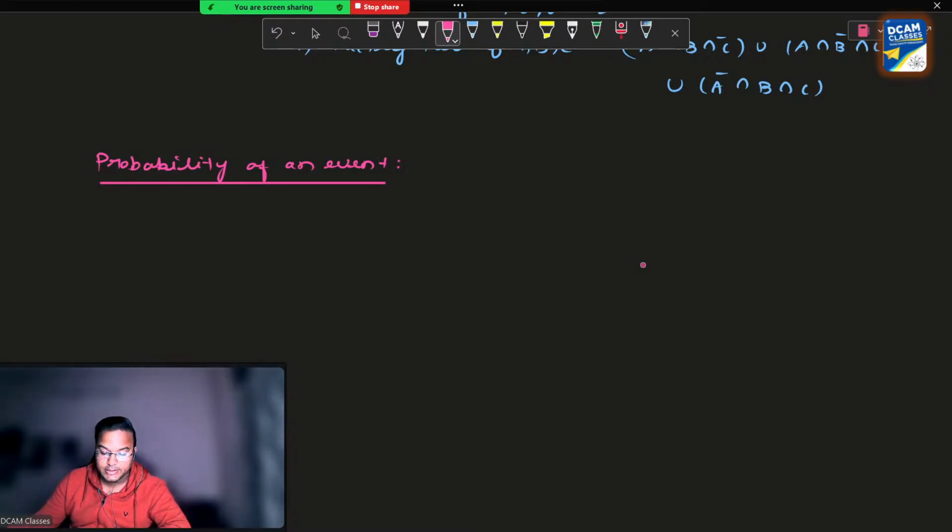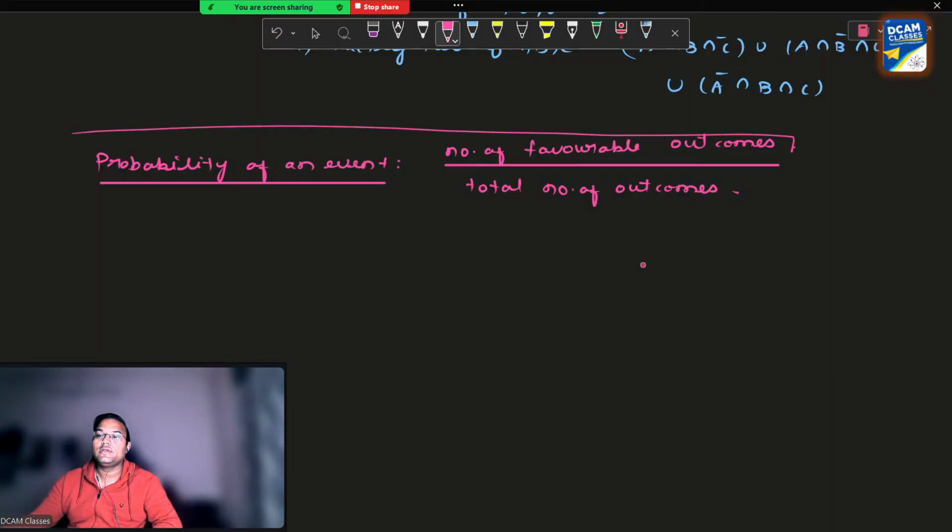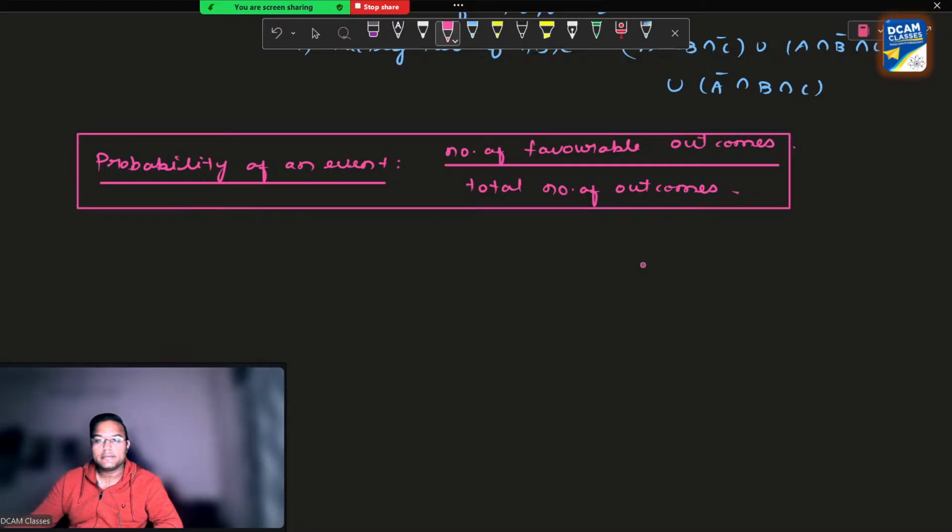Probability of an event is equal to the number of favorable outcomes divided by the total number of outcomes. This is the only formula that you will be using to solve all the questions of probability.